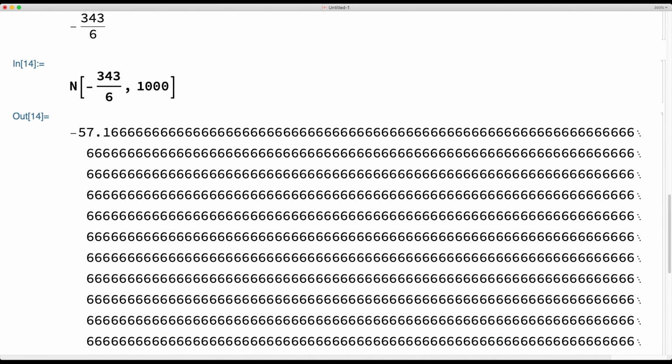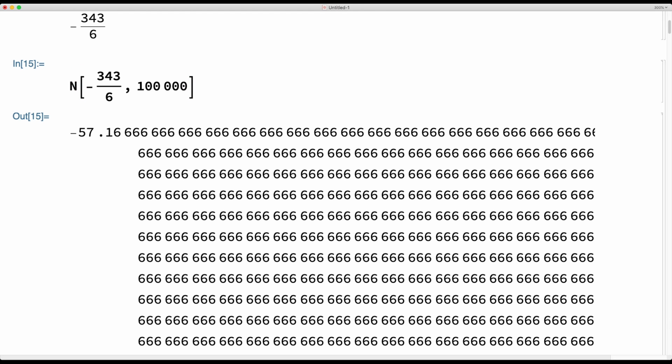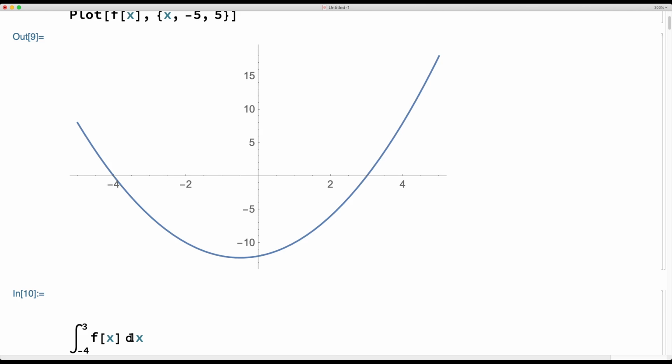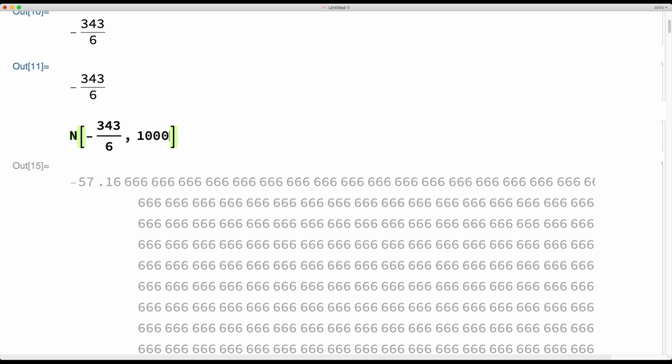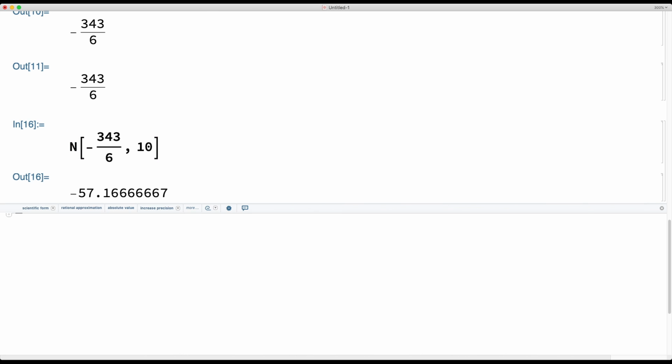If you want more digits of accuracy, you can specify the number after the comma. Okay, good.